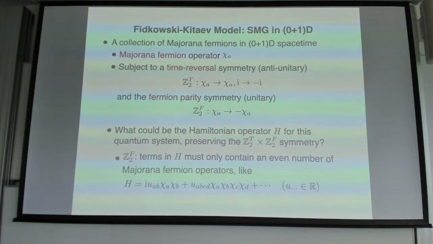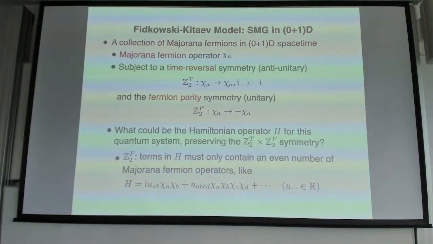Condensed matter just calls any anti-unitary symmetry time reversal. Basically, it's an anti-unitary symmetry that does nothing to your fermion operator and changes the sign of the imaginary unit i, basically complex conjugating any complex number you encounter in your Hamiltonian. Another symmetry is the fermion parity symmetry, which flips the sign of the Majorana operator.